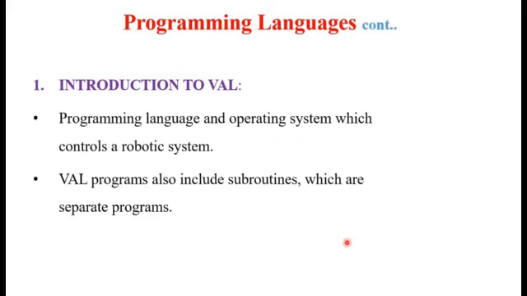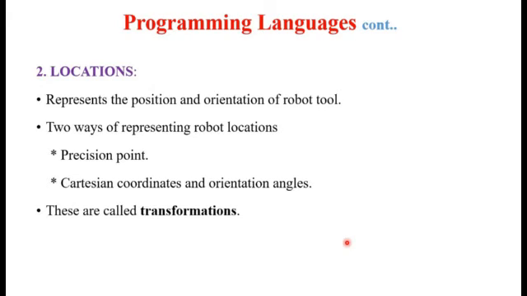instructions. VAL programs also include subroutines which are separate programs. Variable assembly language programs are the separate programs. Now locations. In programming languages, there are some important points that we have to consider while defining these languages or defining the set of instructions.